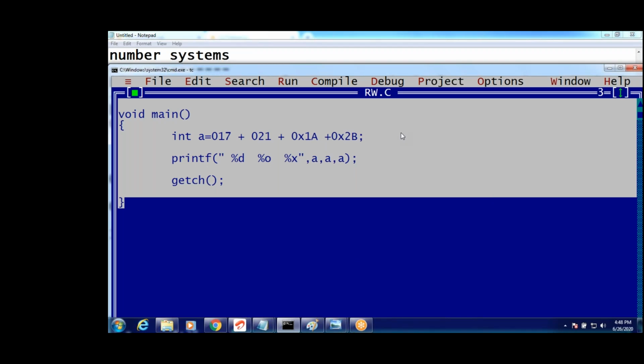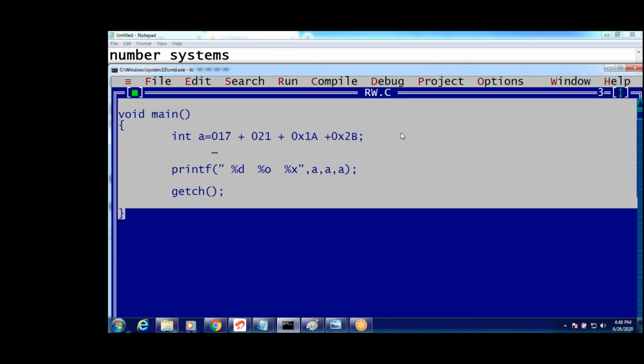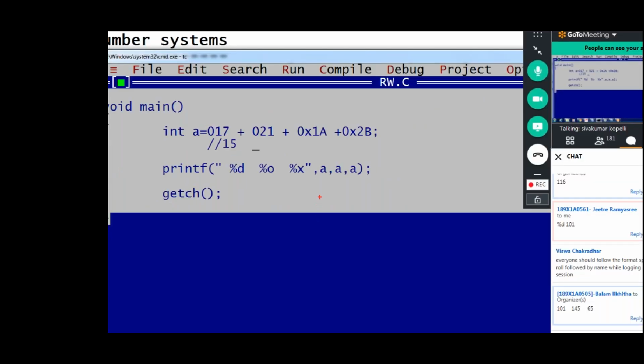Second one, 021. This is also octal because it is starting with 0. 1 into 8 power 0 plus 2 into 8 power 1. 2 into 8 power 1 is 16, plus 1, that is 17. Now the second answer is 17. Now 0x1a is hexadecimal.